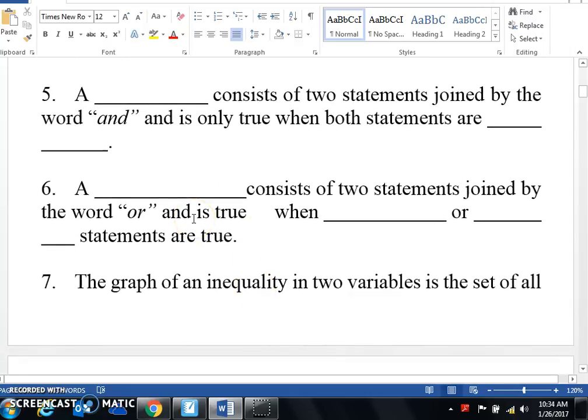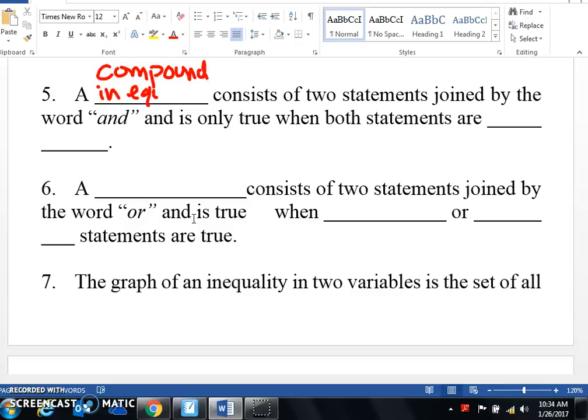A blank consists of two statements joined by the word and, and is only true when both statements are. Okay, so a compound inequality, but more specifically, it's a union. Remember where they go together? So it's true when both statements are true, or when they crisscross. Oh, sorry, this is not union, guys.